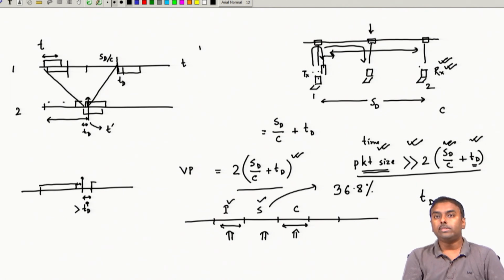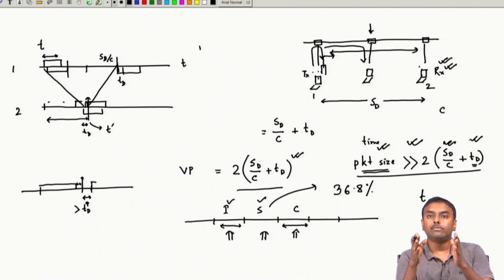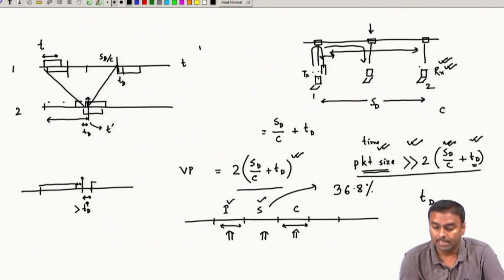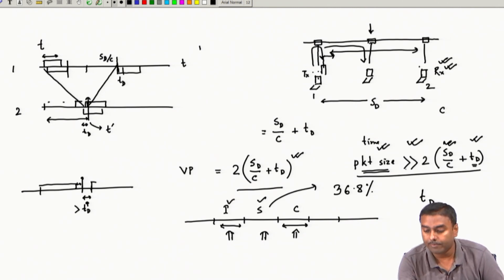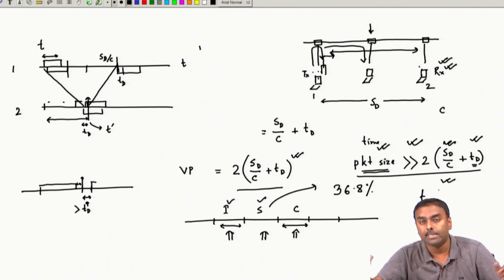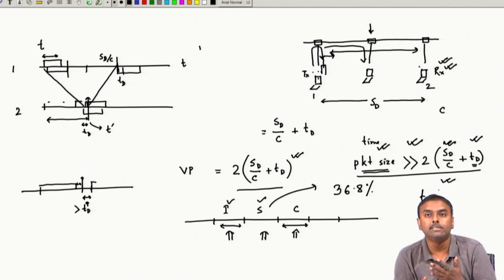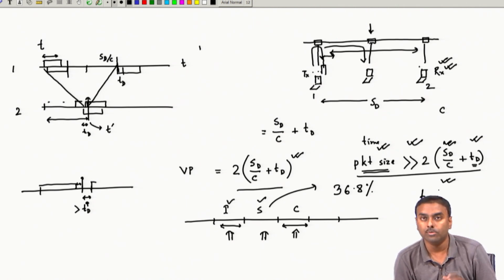But remember, due to this particular thing, there is a minimum size of the packet that is determined. That is something in Ethernet we have to see: there is a minimum packet size, which must be greater than this. That depends on the span of the network and the detection time. The span of the network depends on how far I can put my LAN, what will be the farthest distance between two nodes.